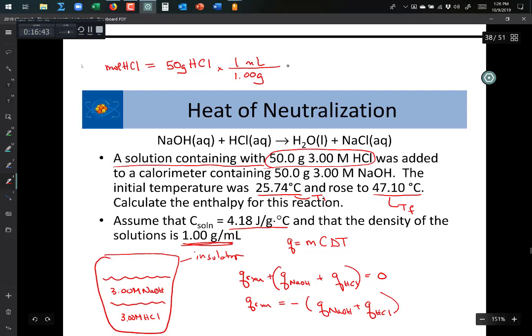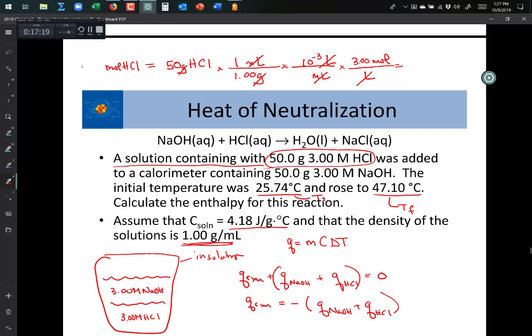0.0 grams times 10 to the minus third liters per milliliter, like that. So I got my milliliters to cancel, I got my grams to cancel, and that should leave me, oh wait, liters. I want moles though. So then I got to multiply by 3.00 moles per liter.